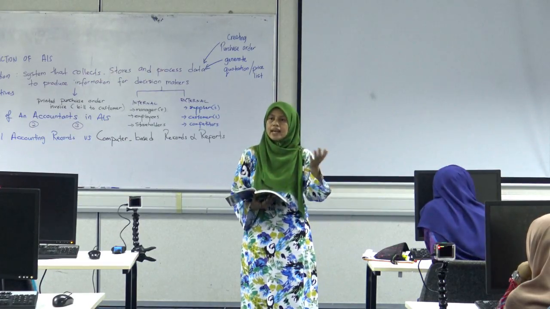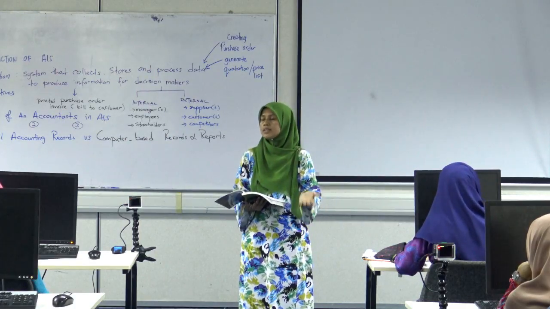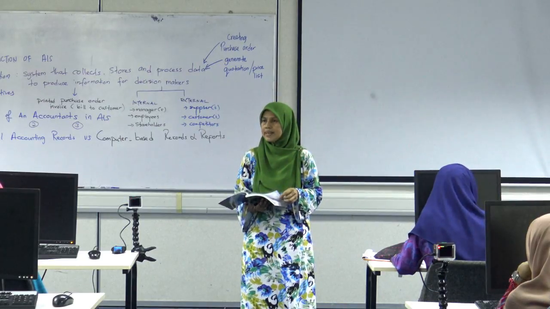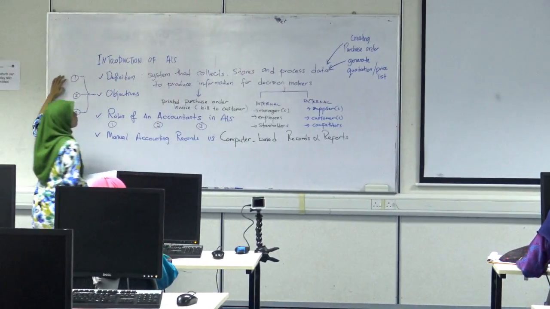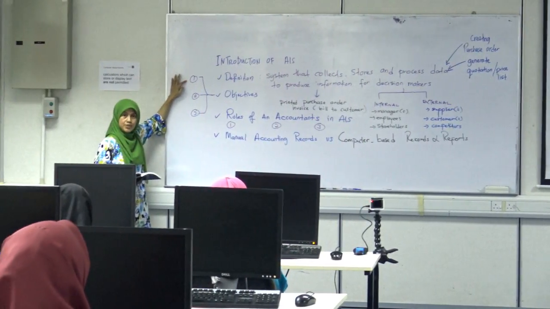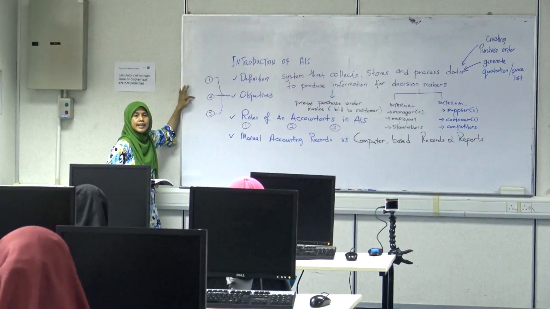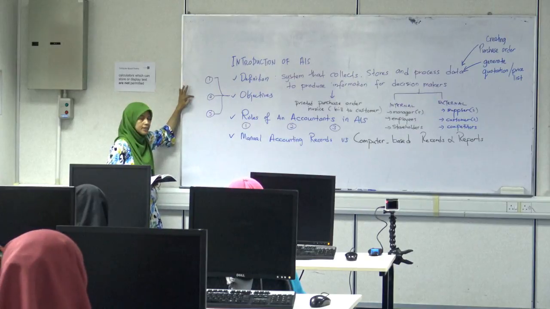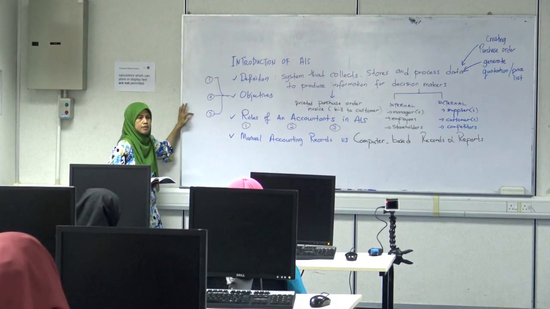So the accounting cycle will help you understand the flow of how the accounting information system works. Okay? So we are done with those three objectives. First is to support day-to-day operation. Second is to support internal decision makers in making decisions. And the third one is to fulfill our obligation towards stewardship.